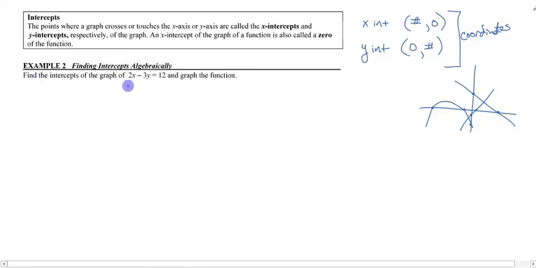We have this graph of the equation 2x minus 3y equals 12. So if I want to find the x-intercept, this is actually quite easy, because remember, finding the x-intercept, we make the y 0. If I do that, wouldn't this entire term go away, because it's 0 times the -3?